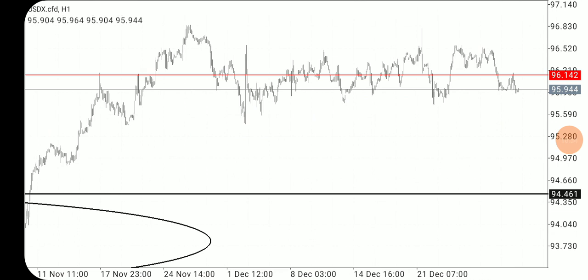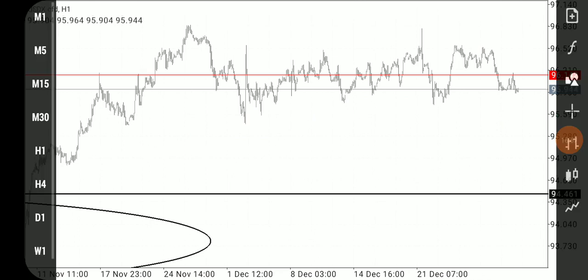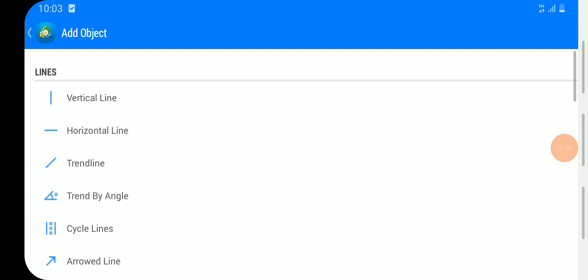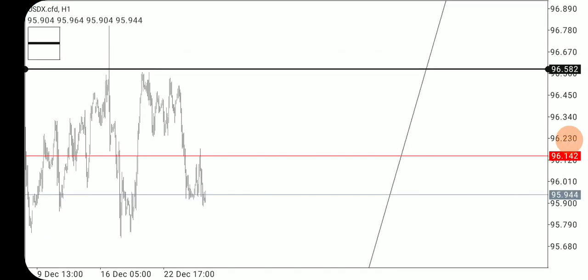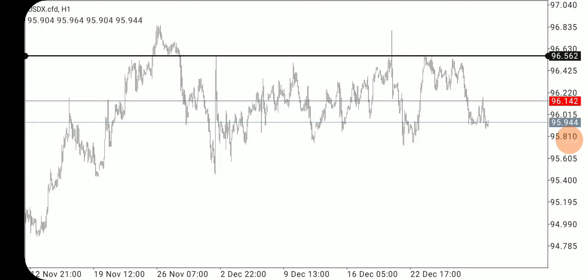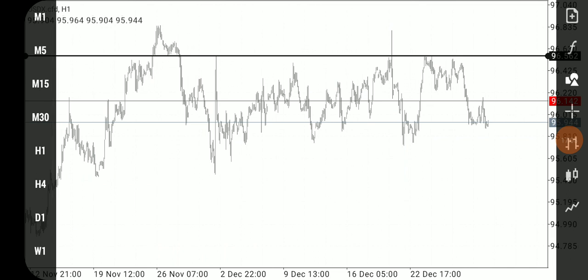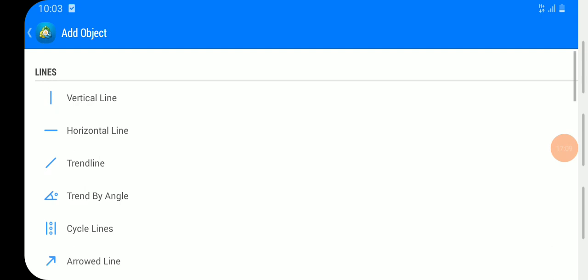So when we go to a smaller time frame and analyze just the recession moment, you can see it is moving up and down. It hasn't found direction.